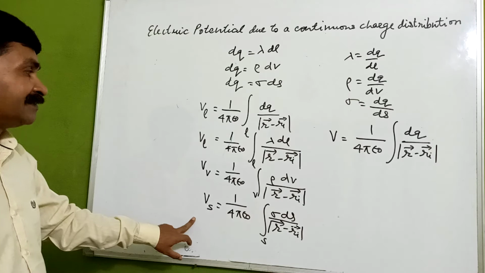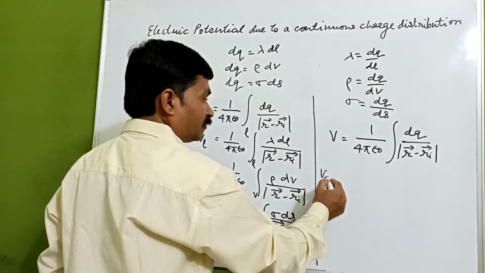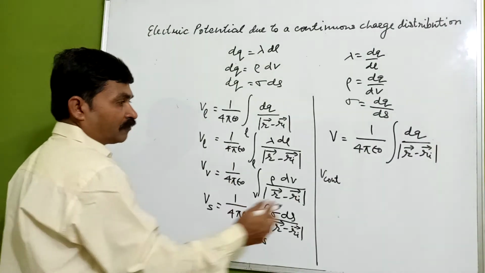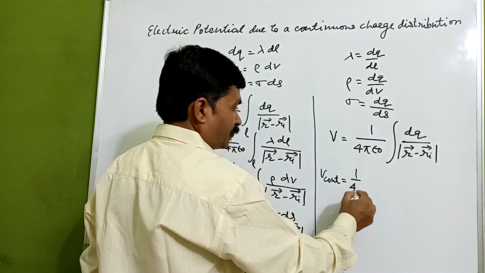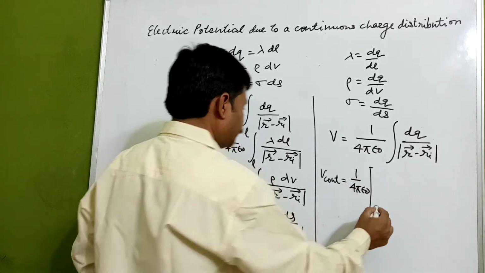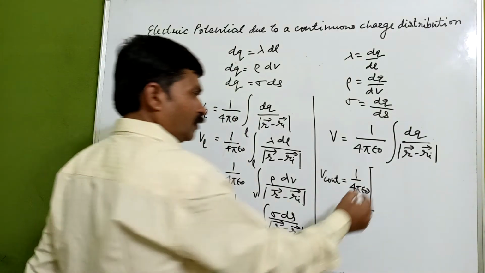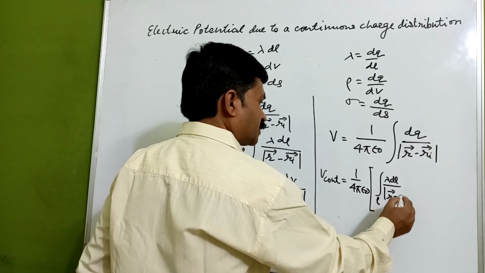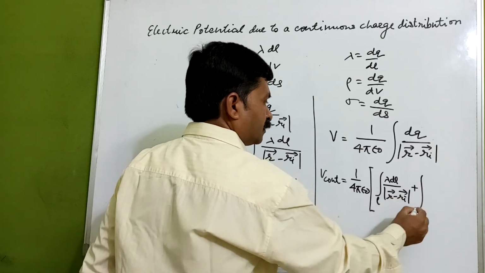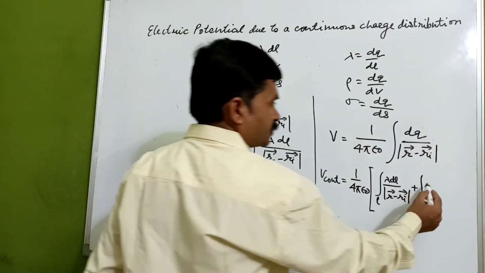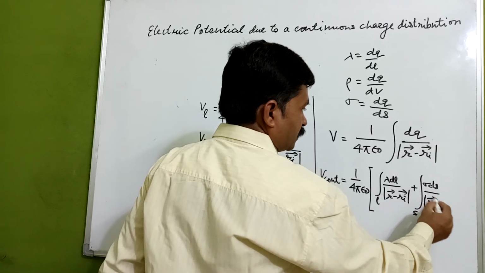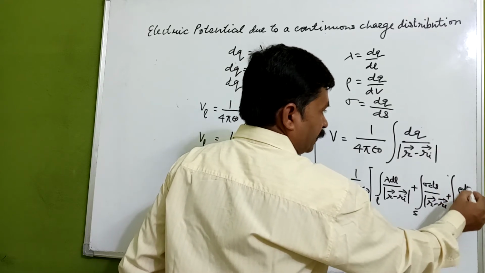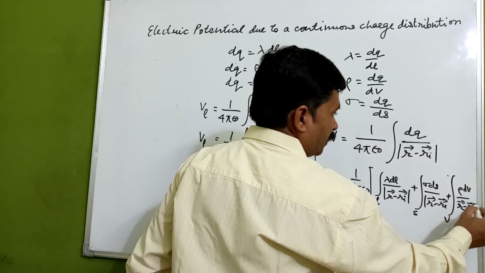So if we add these results, what are we getting? We are getting the electric potential because of the continuous charge distribution, and that will be, if we add, 1 upon 4 pi epsilon naught, which is common to each, over the length lambda into dl upon vector r minus ri, plus over the surface sigma ds upon this, plus over the volume rho dv upon vector r minus vector ri.